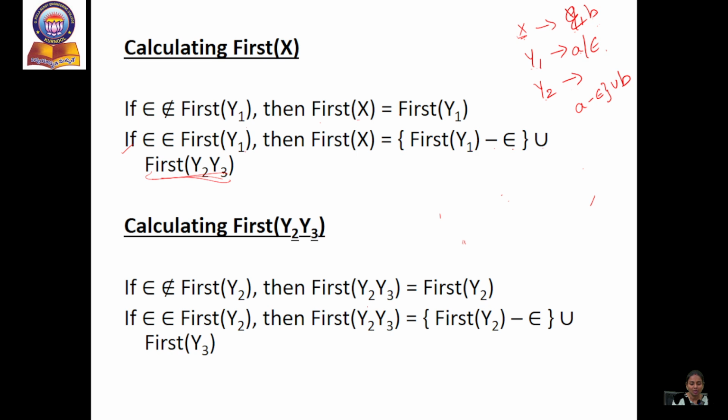Suppose if again epsilon is available in y2, again it has to take the y2 minus epsilon union what it is remaining with y3. Like that we have to consider how many non-terminals are there. In such places we have to give the epsilon and again remaining grammar we have to follow as it is.